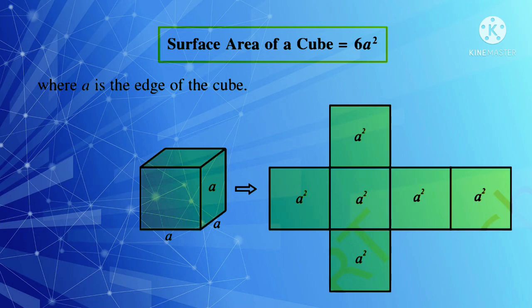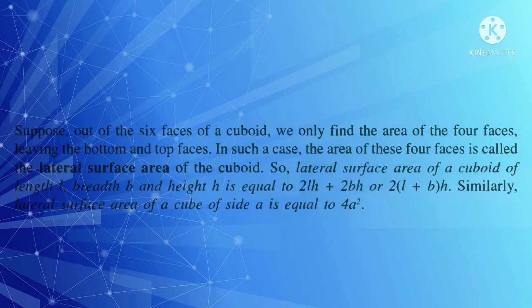Then next comes the lateral surface area of a cuboid. When we mention lateral, the top and the bottom parts are totally open. So these two parts are not present.